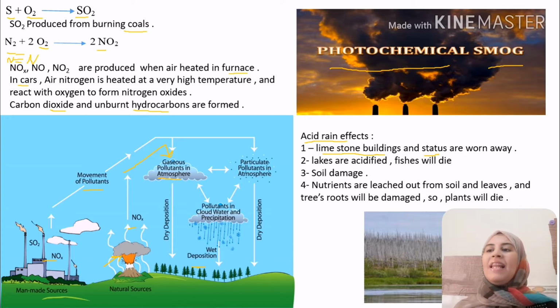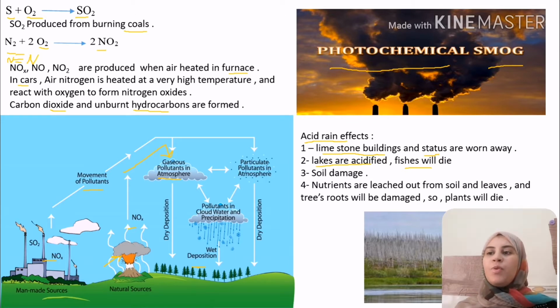Lakes are acidified. Fish will be killed by the increased acidity of the water because they will be unable to absorb oxygen from the water, so they will die.